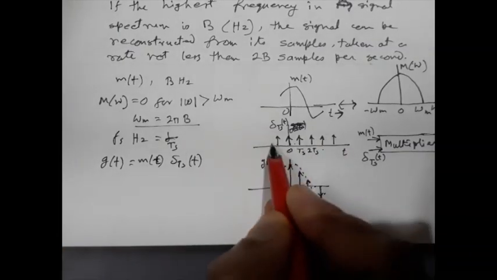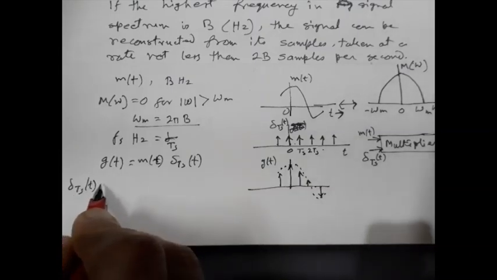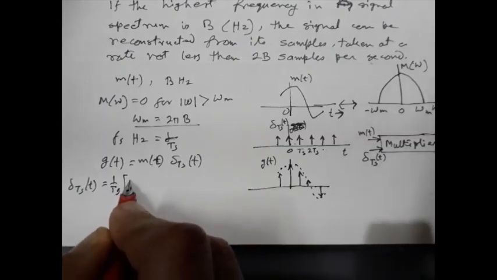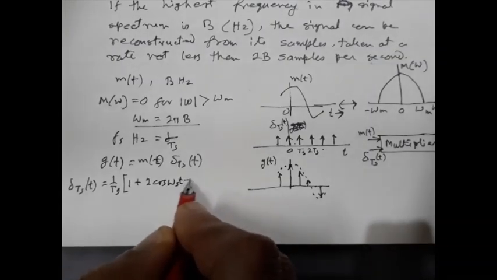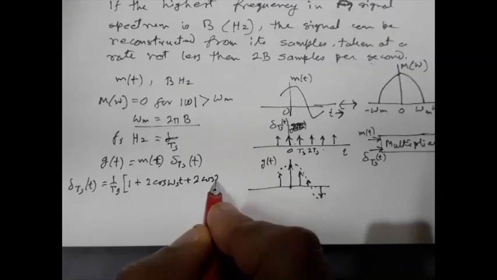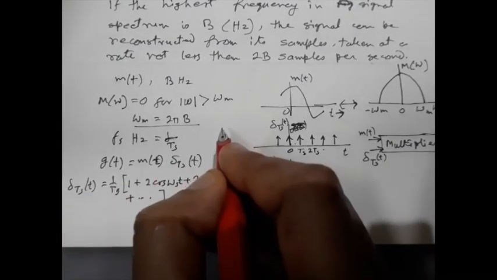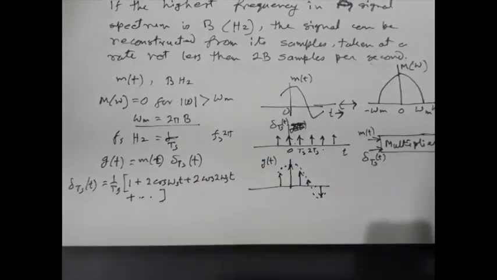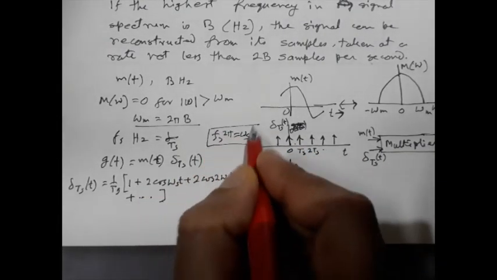Now this delta Ts is a periodic signal, so we can use Fourier series to express it: 1 by Ts, 1 plus 2 cos omega s t plus 2 cos 2 omega s t plus so on. Here 2 pi Fs is equal to omega s.